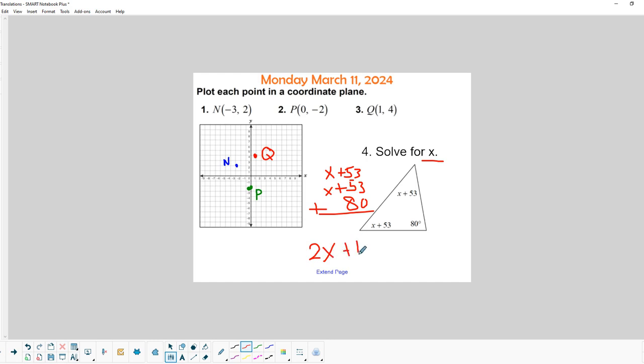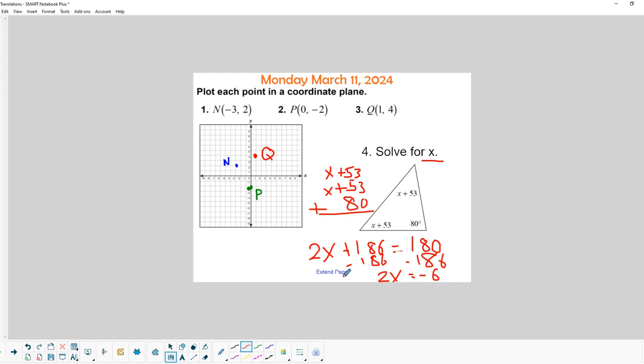plus 186. And we know that the three angles of a triangle add up to 180. So we minus 186 from both sides. And we are going to end up with -6. So we have 2x equals -6.